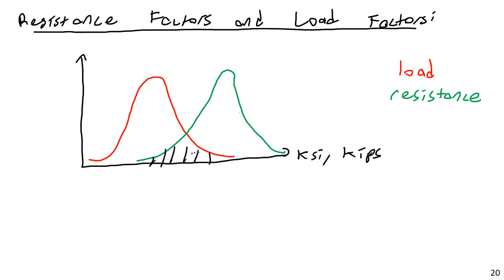So that overlap, well, think about here. If you're in this region, you don't have a problem. Well, actually, let's think about this. As long as our resistance is greater than our load, you're going to be fine. But in this overlap region, that is where you get failure.